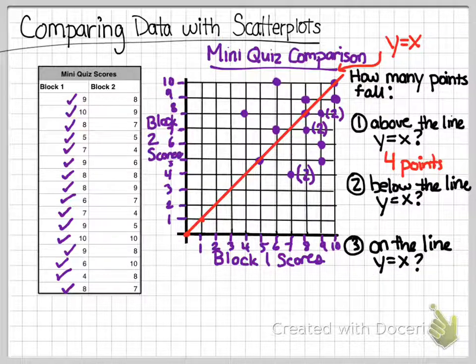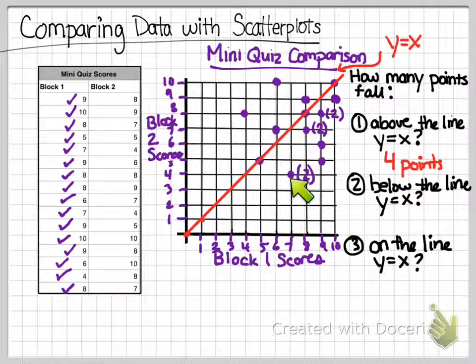If we are above the line y equals x, that means that I went higher up for block 2 than I did for block 1, because y equals x is where they're equal to each other. So if I'm up top here, then block 2 has a higher score. So that would be 4 students that scored higher on their mini quiz than the person from block 1 that they were paired with.